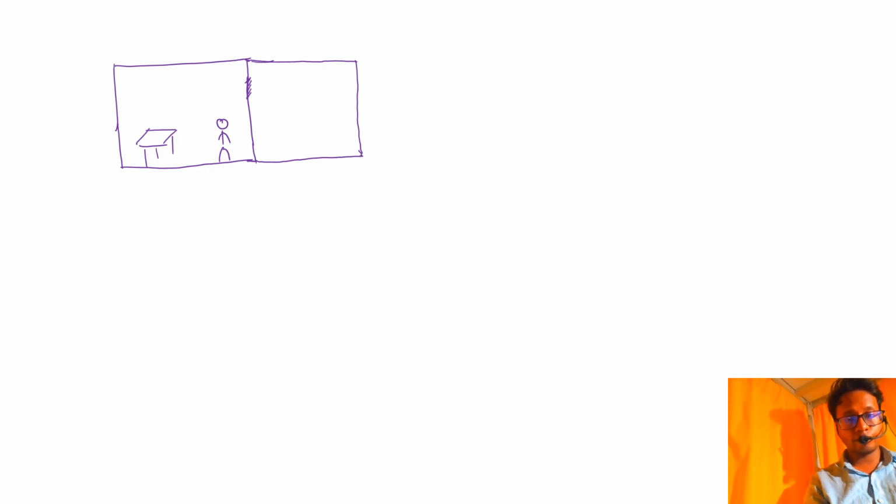The table will be produced somewhat like this, and the man will be out here. The problem is the field of view. Field of view means the observer out here can only see this much portion of the room.